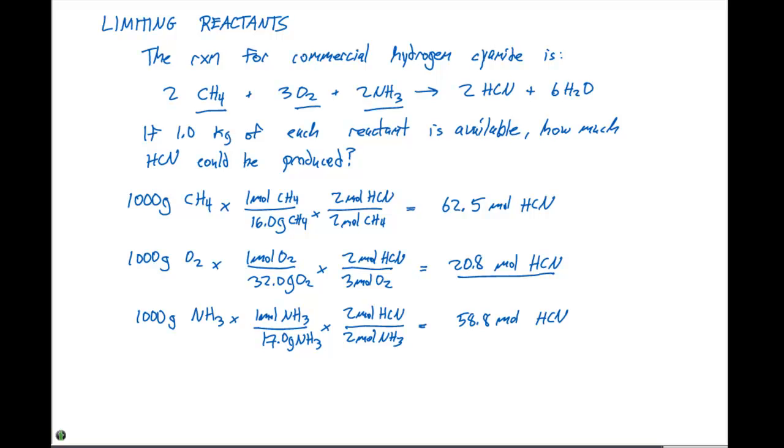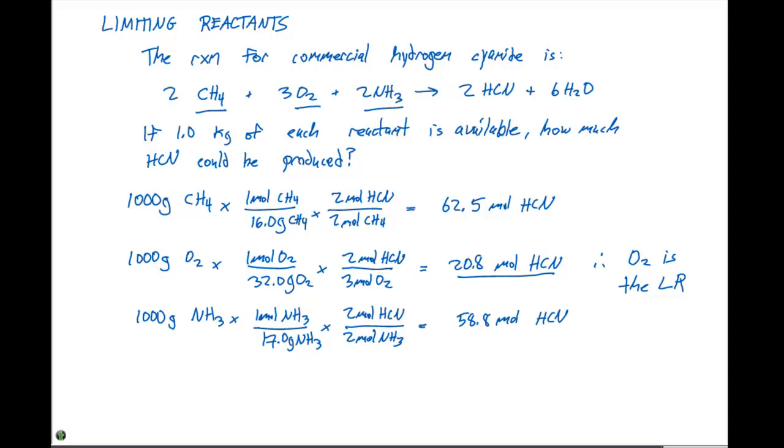So the species that's going to determine how much HCN is produced is going to be the oxygen. We can say therefore O2 is the limiting reactant, because that's going to dictate how much HCN can be produced.